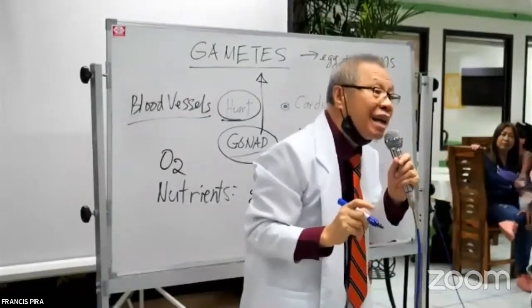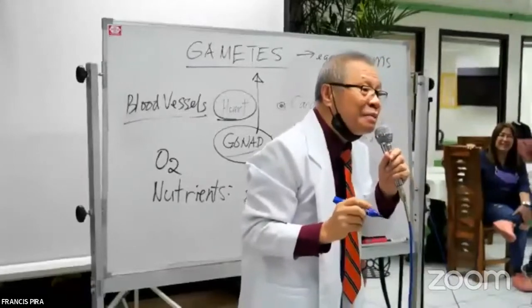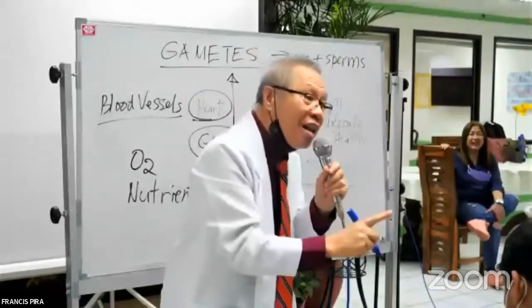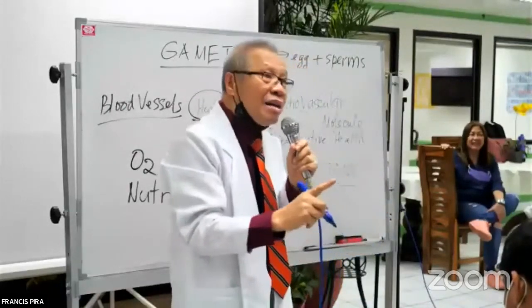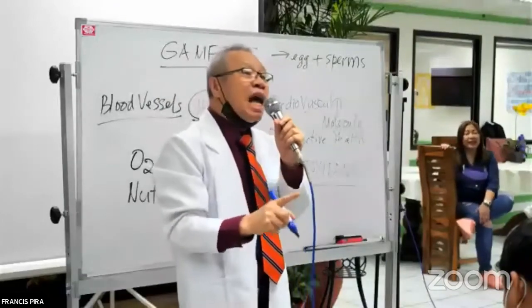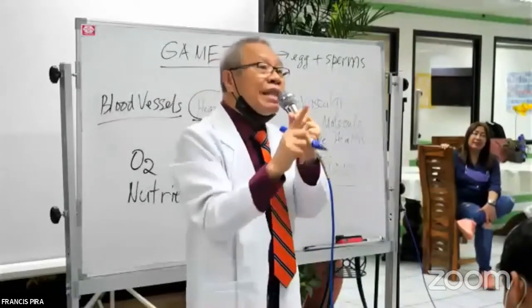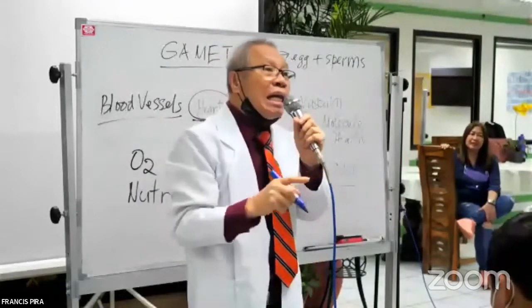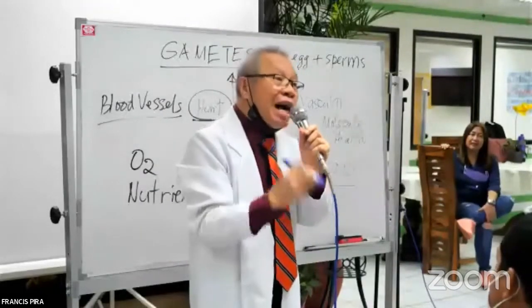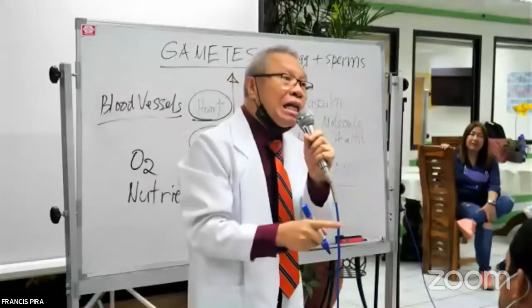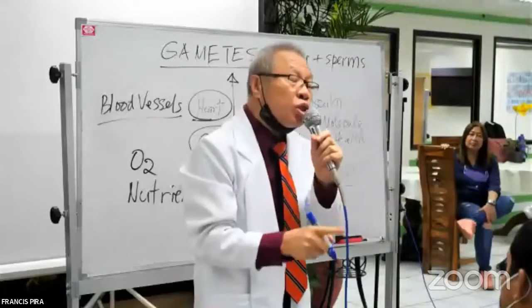Aside from spelling. Do you know the difference between a fat and an oil? Wala. A fat is a saturated fatty acid, while an oil is unsaturated. A fat is solid at room temperature, while an oil is liquid at room temperature.